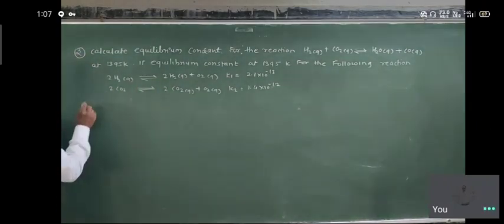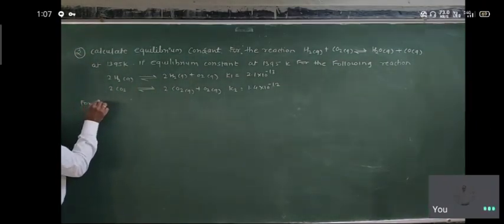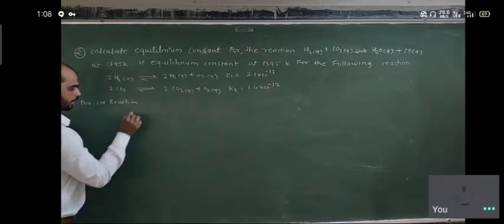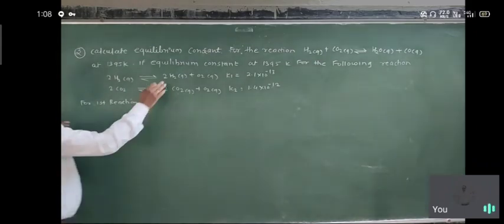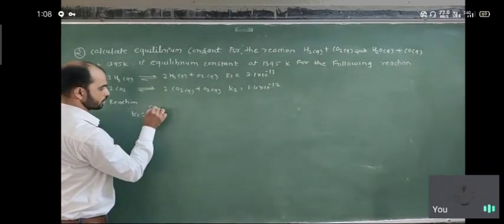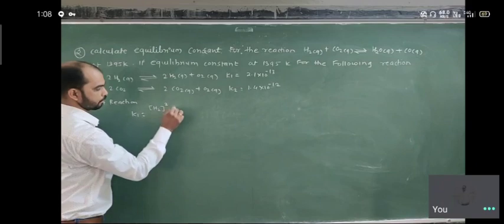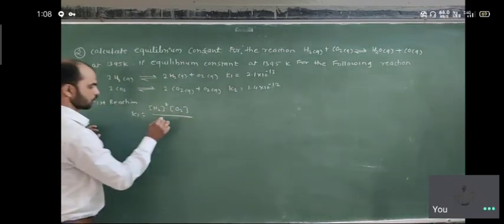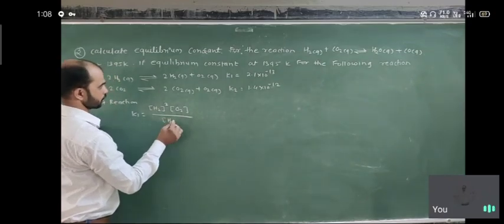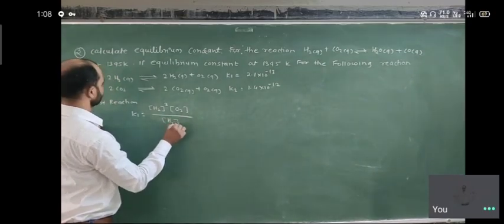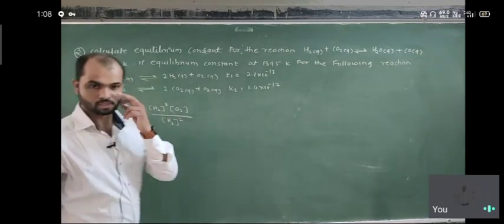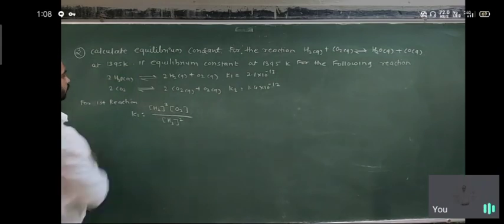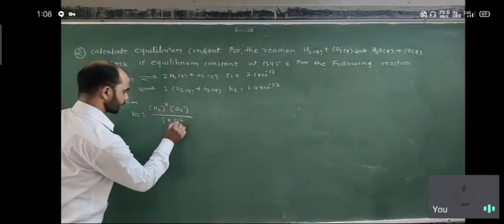For the first reaction, K1 is equal to the concentration of H2 squared into the concentration of O2 upon the concentration of H2O squared. Sorry, the first reaction here is the H2O, so here is the H2O.